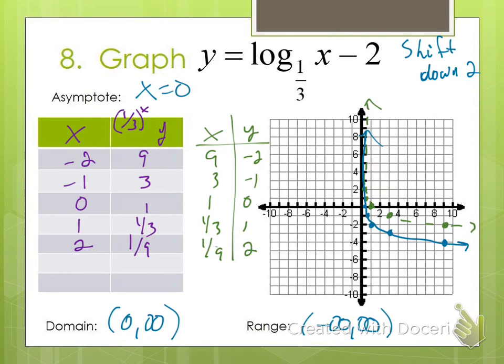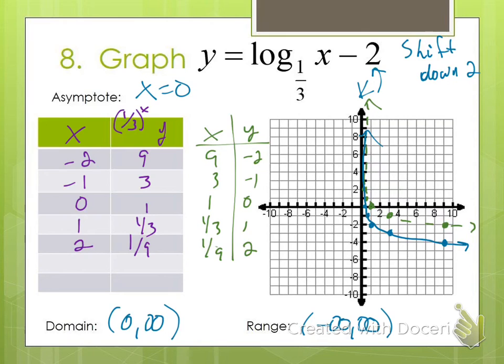And because this k is -2, we want to shift all of our points down 2 spots.